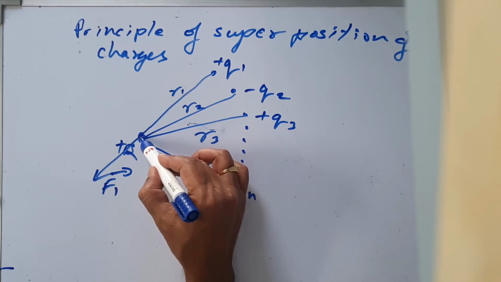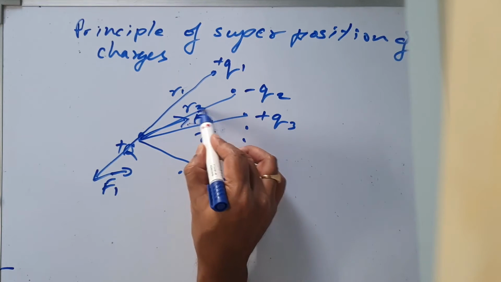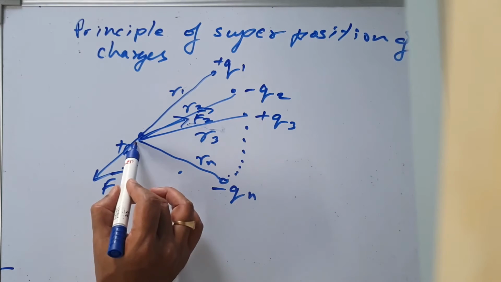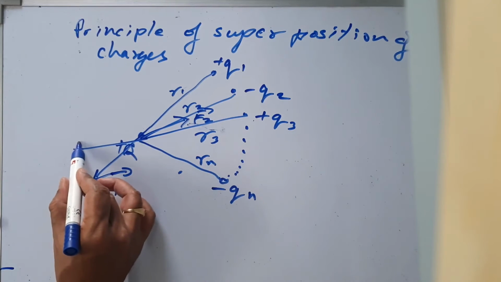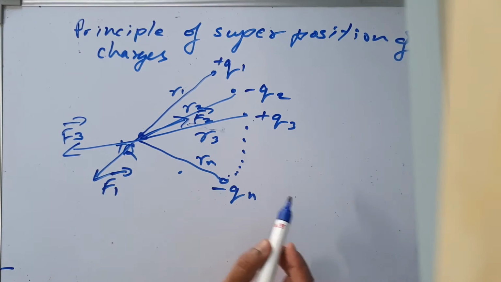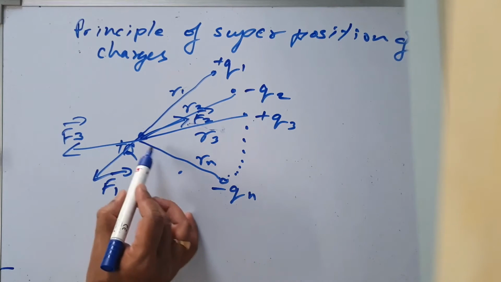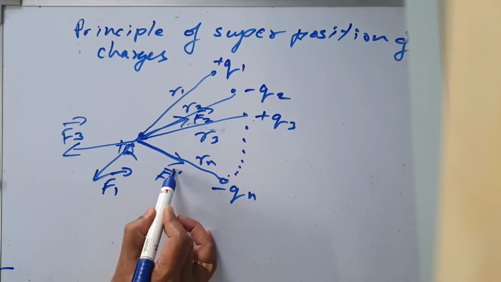These two will attract each other with this force F2. The force acting on plus q due to q3, both being positive, will be repulsive. Let us say it is F3. Similarly, the force acting on q due to qn, which is negative, being attractive, will be in this direction, Fn.